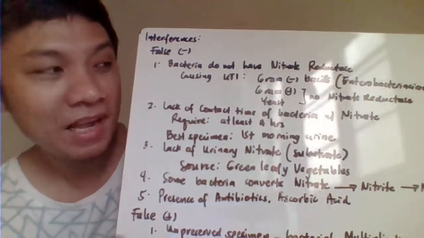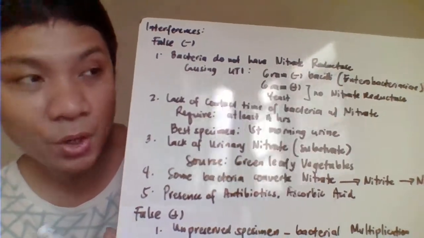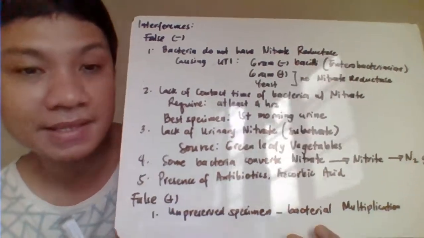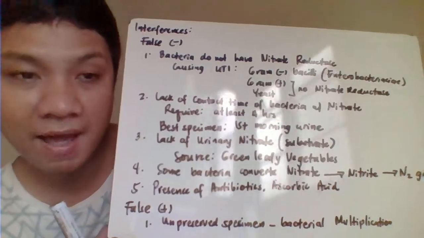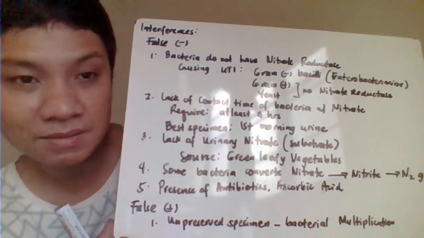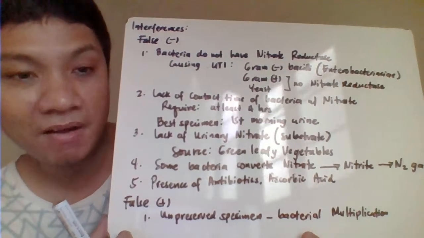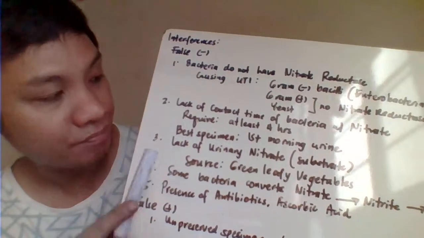However, among these microorganisms that cause urinary tract infection, only the gram-negative Enterobacteriaceae contain nitrate reductase. The gram-positive bacteria do not have nitrate reductase, but they still cause urinary tract infection. Therefore, they will not give a positive result with the nitrite test.